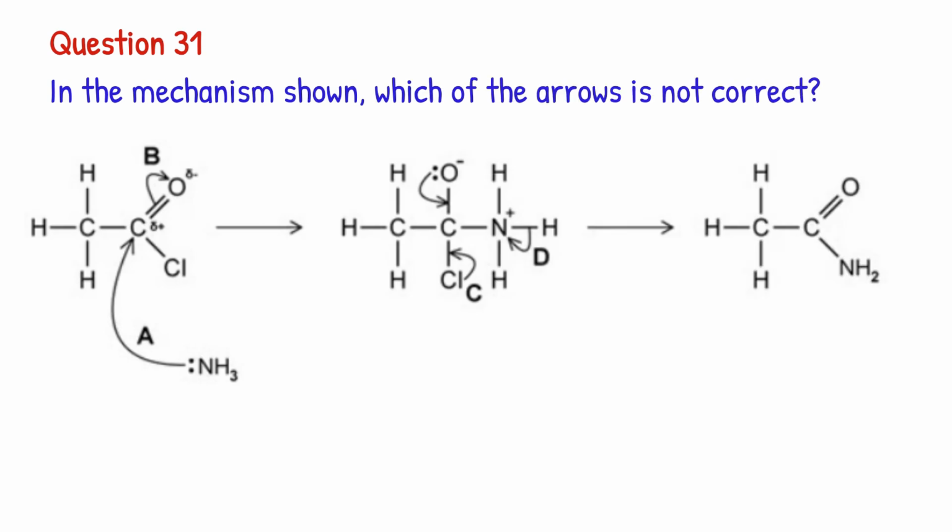In the mechanism shown, which of the arrows is not correct? The correct answer is C.